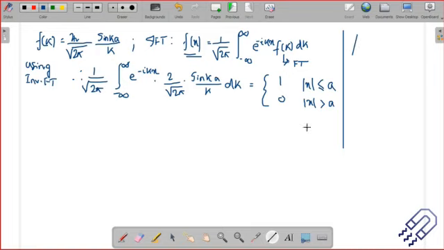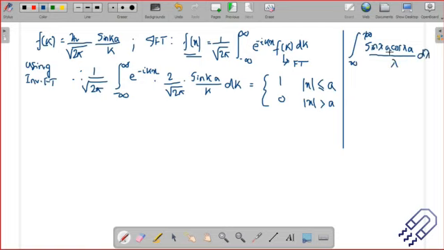The result that you are supposed to show is the integral from minus infinity to plus infinity of sine of lambda a and then cos of lambda x, divided by lambda, d lambda. To show this, you have to evaluate this. You have to show what this is equal to. So that's the question.